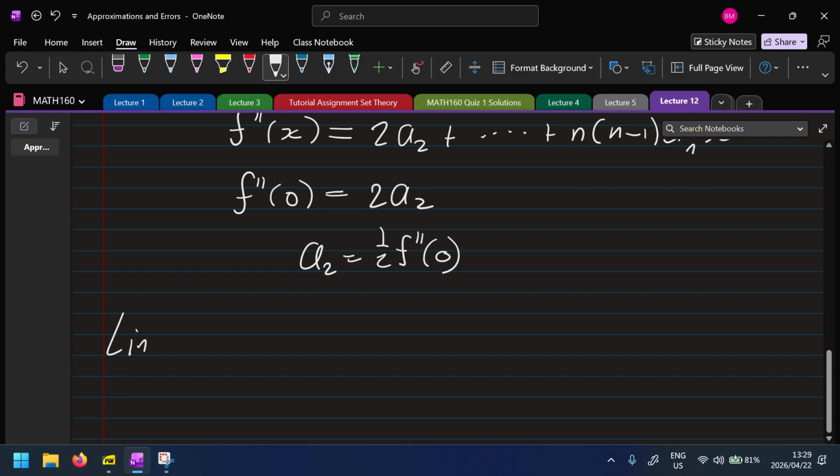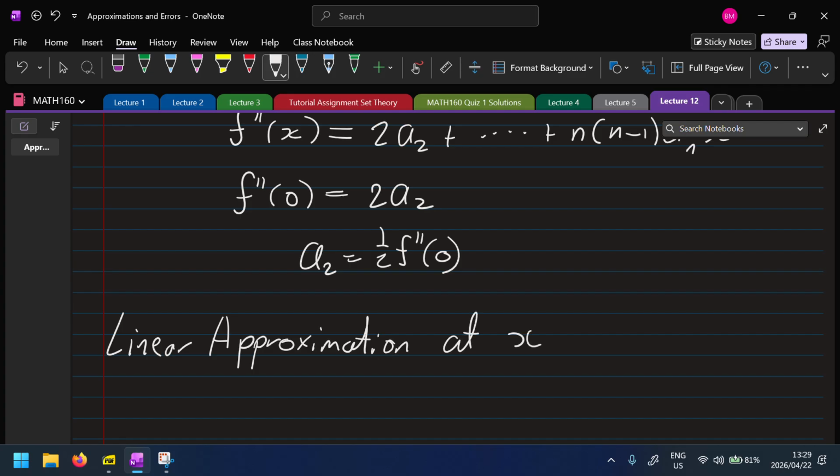So the linear approximation. Remember, this is still at x equals 0. We haven't shifted anything yet. The linear one will be the constant term and the x term.